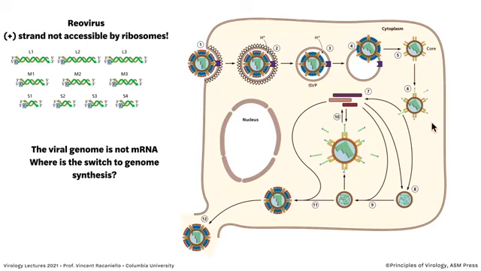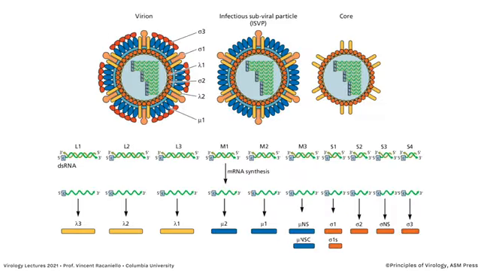Now, a number of years ago, an investigator actually solved the structure of these cores in the process of making mRNA. It was done by cryo-EM, and I'm going to show you that in a moment. I've jumped ahead. These are the particles with all the double-stranded RNAs in them, and here's the core, which the outer shell is removed. The turrets are now open so the mRNAs can come out.